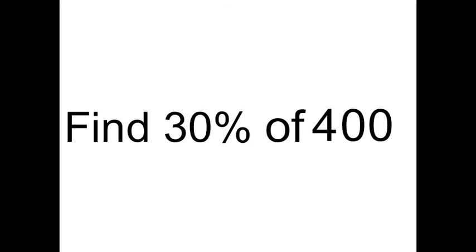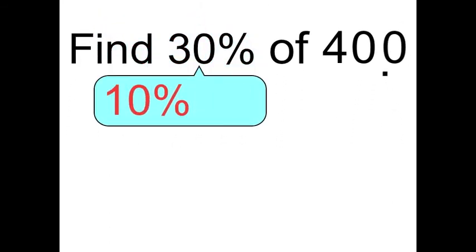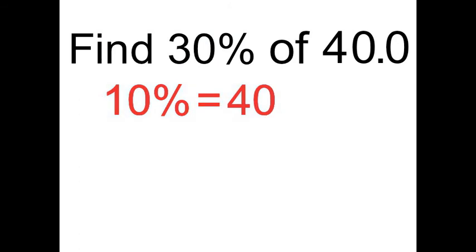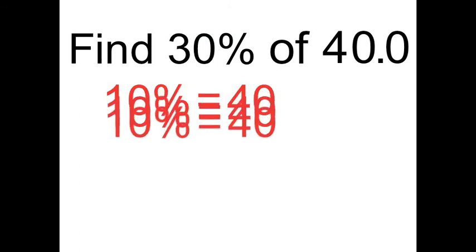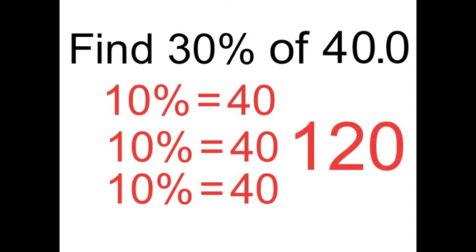Well, I ask myself, what's 10% of 400? And it would be 40. And then I multiply that by 3. So 30% of 400 would be 120.